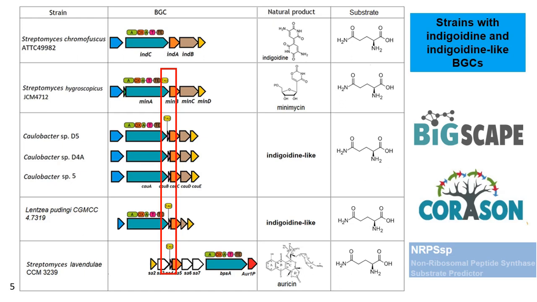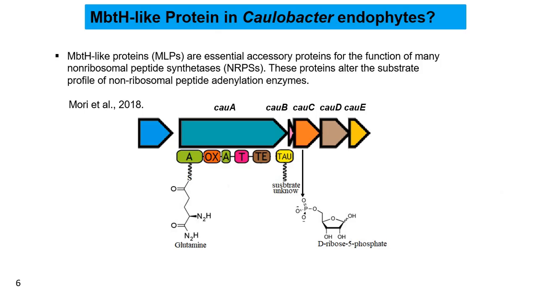However, it should be noted that each of the actinomycetes synthesizes different natural products, despite their non-ribosomal peptide synthetases recognizing the same residue, glutamine, as initial substrate. In bacteria, many gene clusters that encode non-ribosomal peptides also encode accessory proteins of the MbtH-like protein superfamily, which are small proteins of about 70 amino acids.